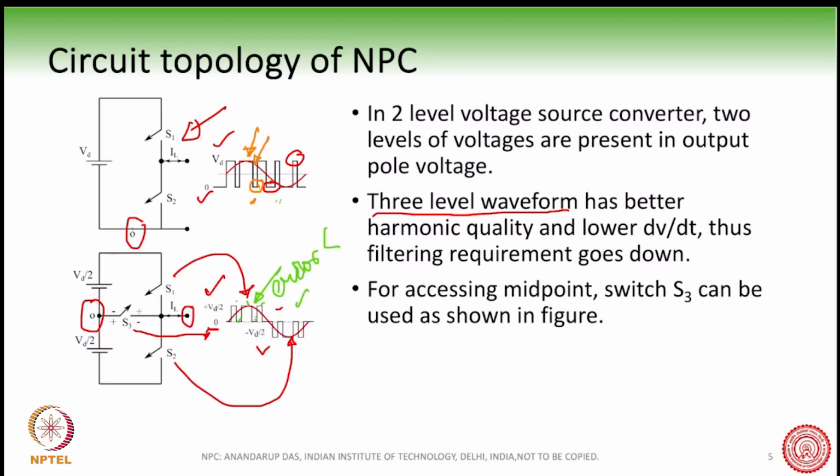If you now compare the waveforms of the two level and the three level, you can see that in a three level converter, because there are three levels of voltages possible at the output, the instantaneous error is less as compared to the two level output, which means that the harmonics generated will be less in a three level waveform output.